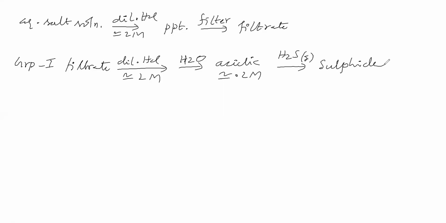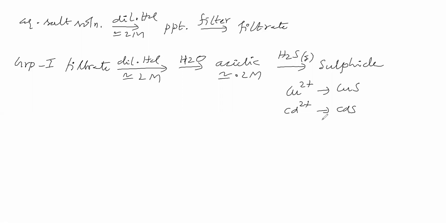What are the group 2 cations? From the copper family, copper ion precipitates as CuS. From the zinc family, cadmium precipitates as CdS, and mercury precipitates as HgS.